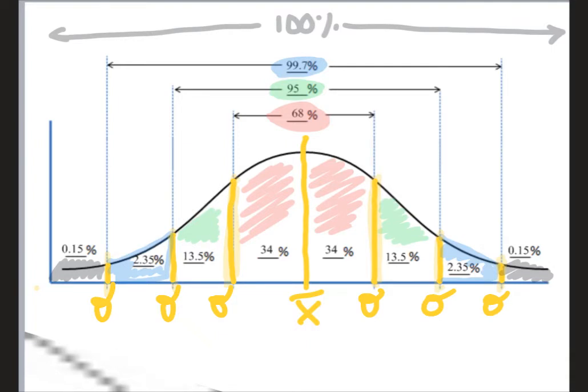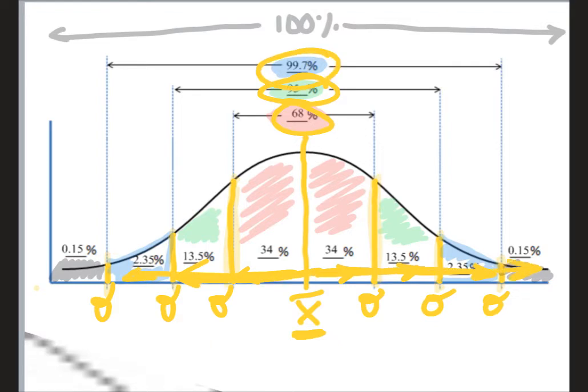So what I said before on the slide: one standard deviation away from the mean is 68%. That's how I got this. Two standard deviations away from the mean is 95%. Three standard deviations away from the mean is 99.7, and four standard deviations away from the mean is 100. So that's what the next slide was.